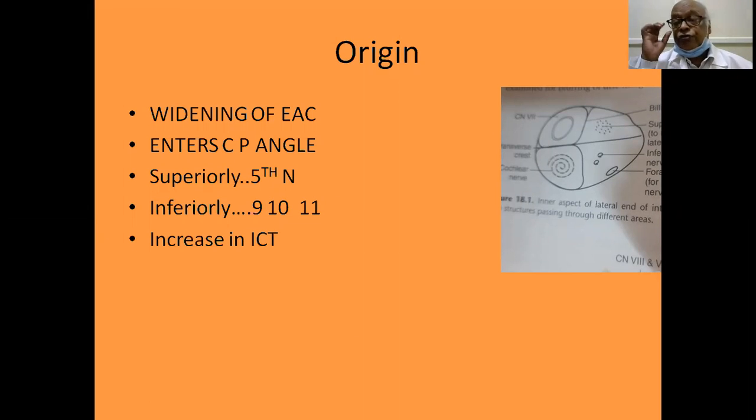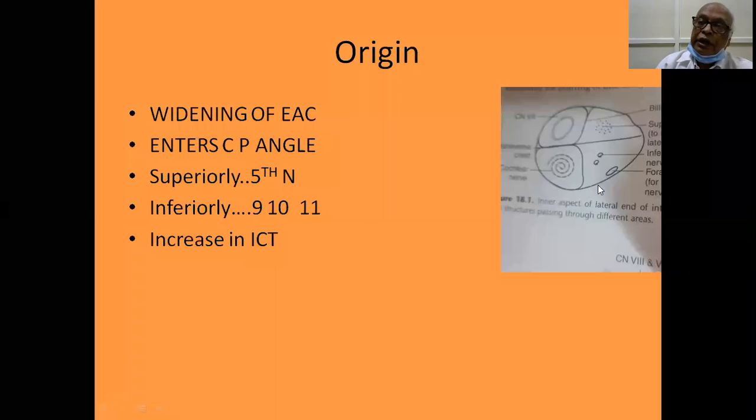See, the facial nerve, the seventh nerve, is here, and below it is the cochlear part of the eighth nerve, and this is the superior vestibular part of the eighth nerve, and this is the inferior vestibular part of the eighth nerve.